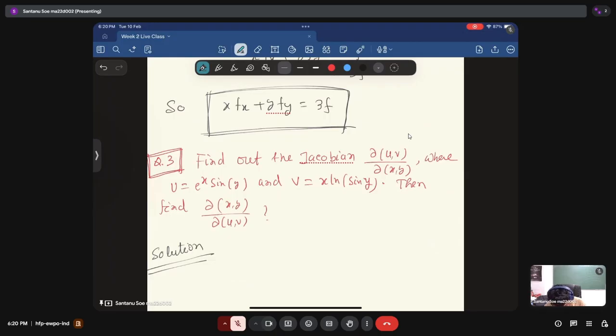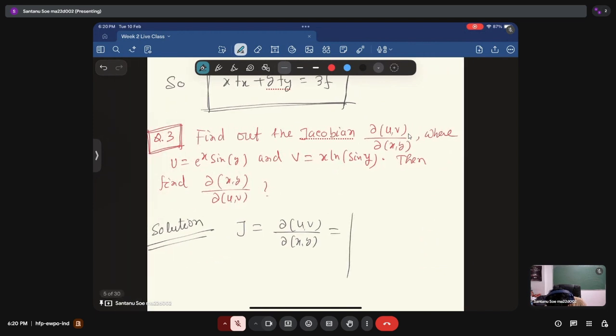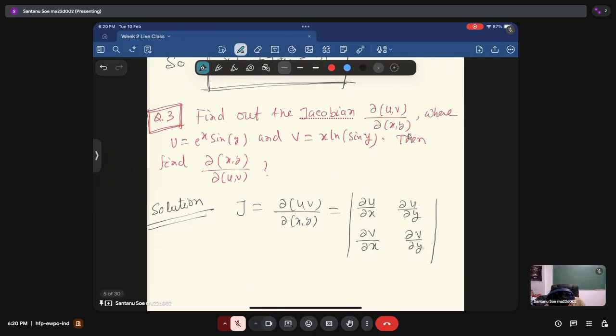Okay, so we all know that the Jacobian formula is given by del(u,v) divided by del(x,y) equals the determinant of del u del x, del u del y, and del v del x, del v del y. Okay, so let's call this as 1.